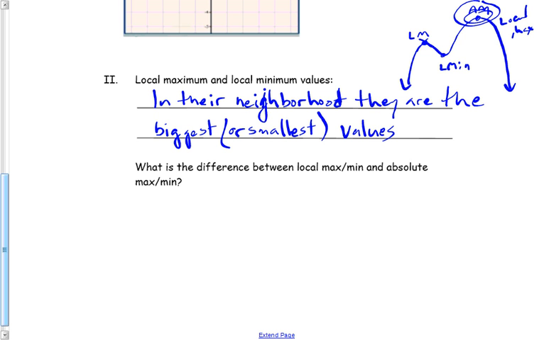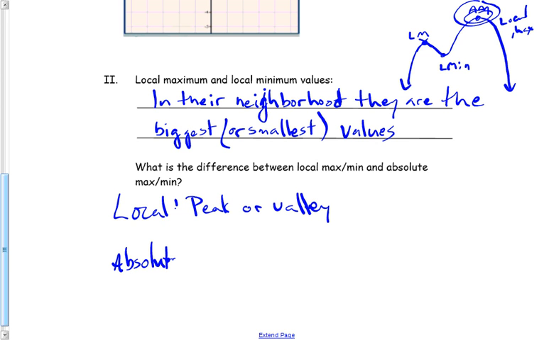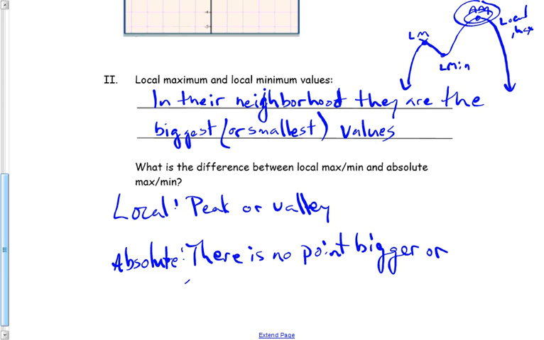Local, I mean, it's a peak or a valley on the function in some ways. Okay, absolute max. There is no point bigger or smaller, depending on which word you're using. Okay.